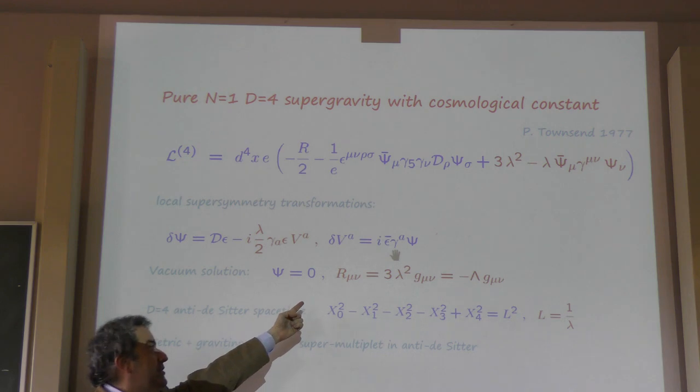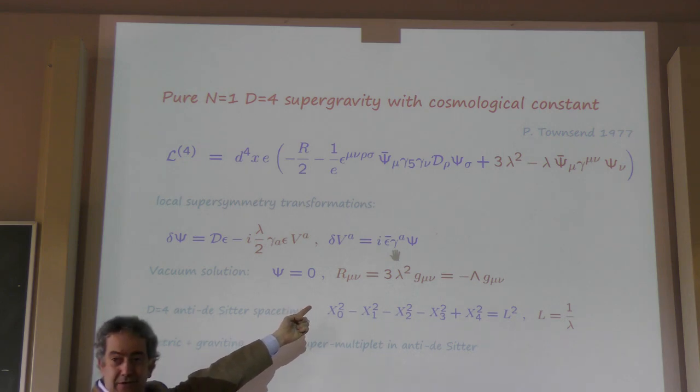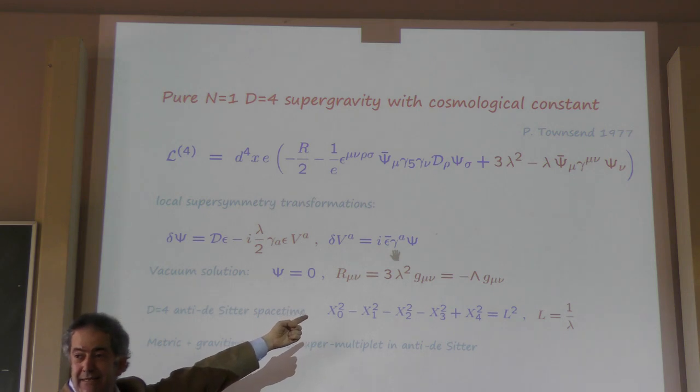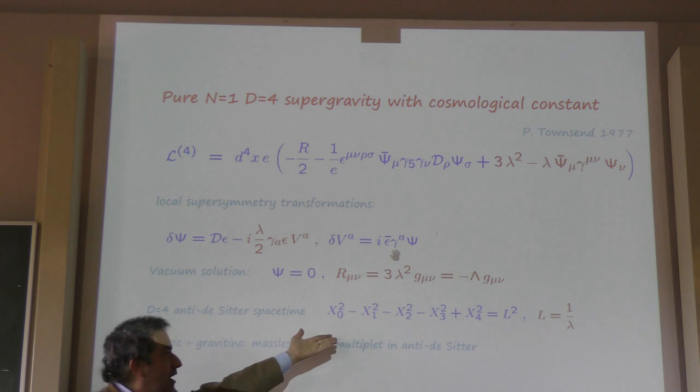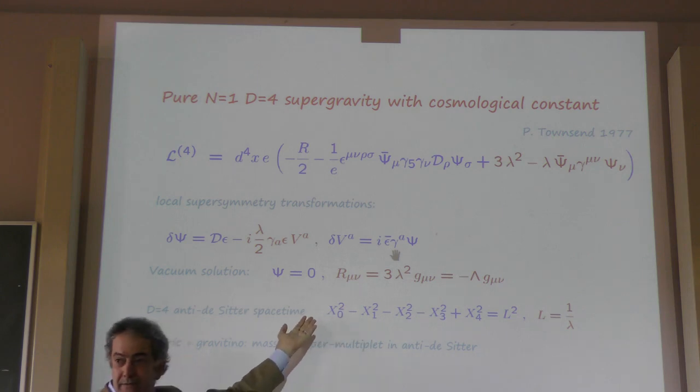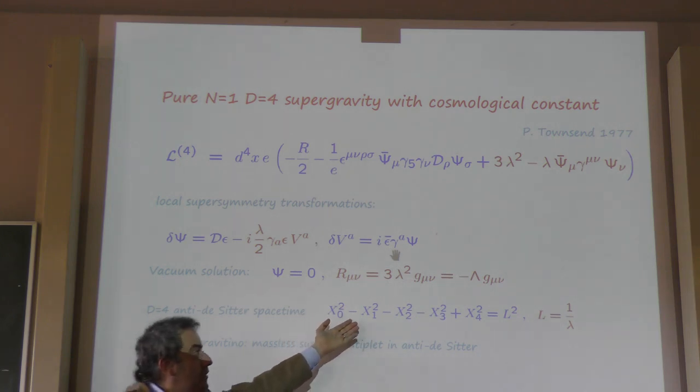For the Ricci, this is the Ricci tensor. This is the Ricci tensor of an anti-de Sitter space, which can be described in a five-dimensional flat spacetime as this hyperboloid. You can easily show anti-de Sitter space is the solution to this equation.